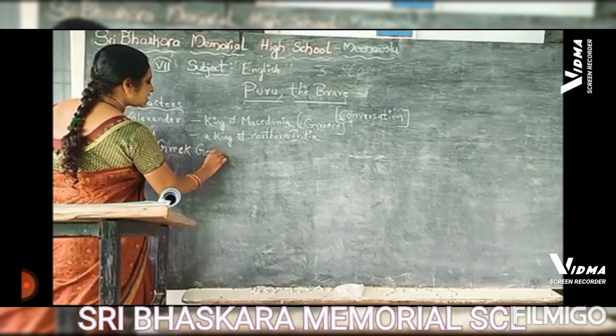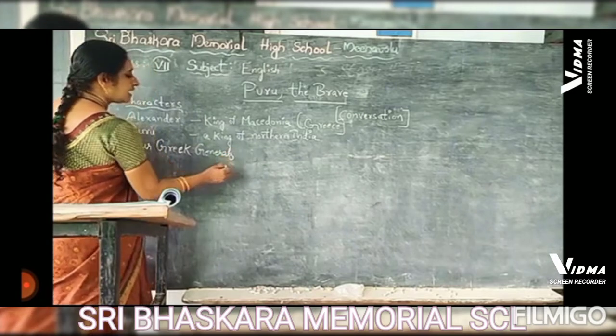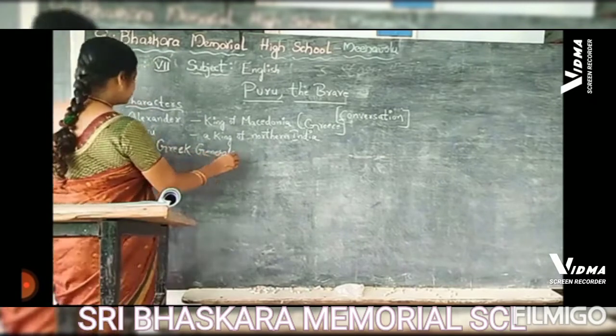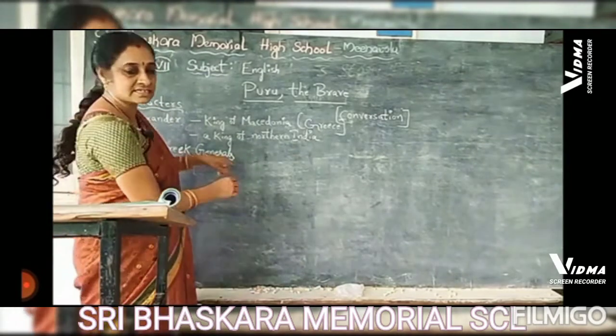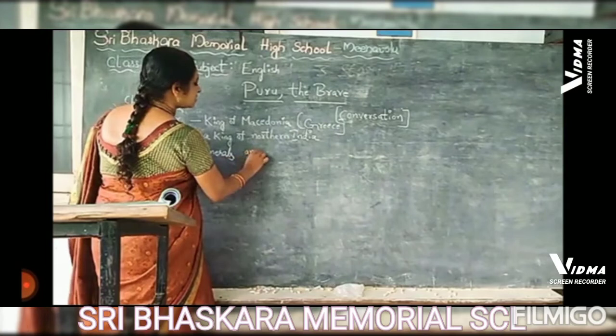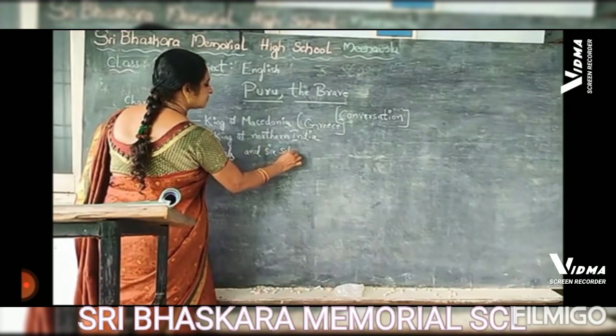Do you know who generals are? Generals means the head of the soldiers. The headmen of soldiers are called generals. How many generals are there here? 4 Greek generals and 6 soldiers.